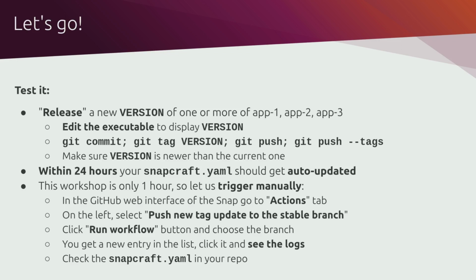Then they put a tag, and within 24 hours, or when you trigger it manually because you have seen their release announcement in a mailing list, the script finds the new tag which the GNOME developers have put, and based on this tag, it updates your snapcraft.yaml. And when after that you build your snap, it is built with the newest version of gnome-calculator.